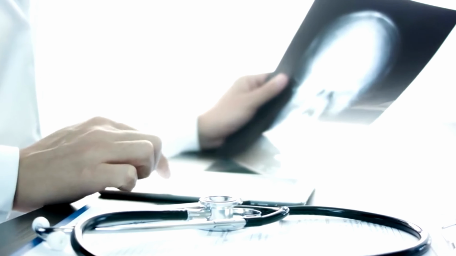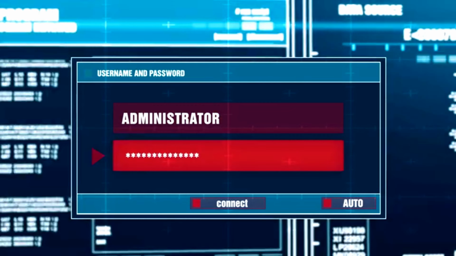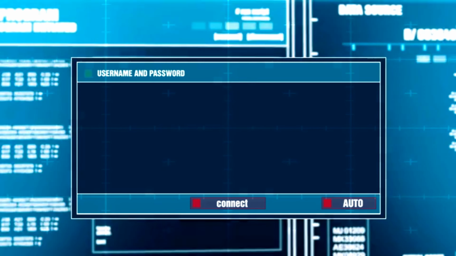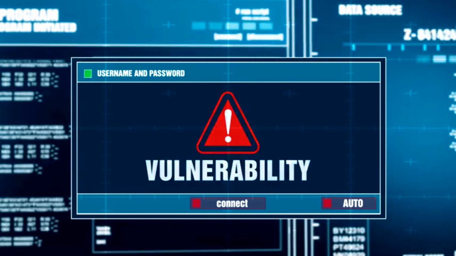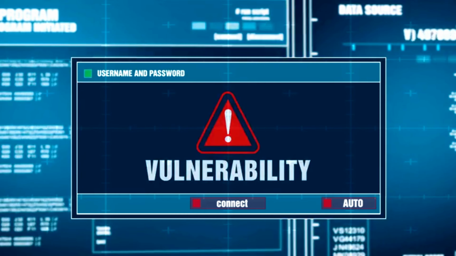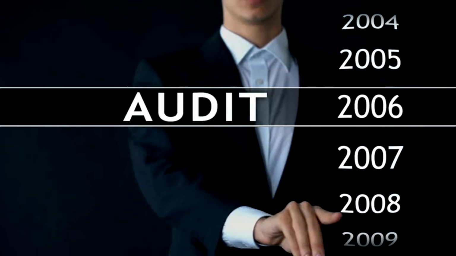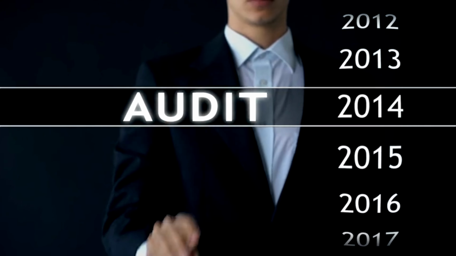Role of vulnerability management in passing compliance audits. Vulnerability management plays a crucial role in SecureGuard Healthcare's ability to pass compliance audits conducted by regulatory bodies and third-party assessors. During compliance audits, auditors evaluate the effectiveness of SecureGuard's vulnerability management processes and controls in mitigating security risks and protecting patient data.